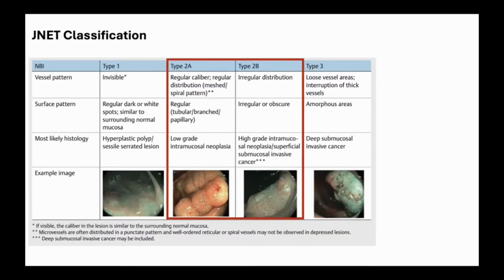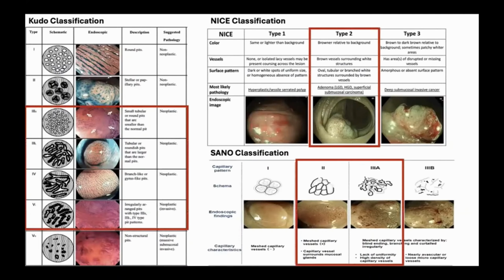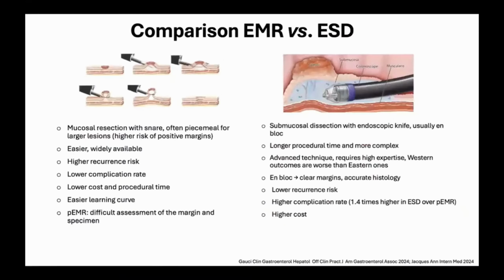And in this case, endoscopic resection is still indicated, while type 3 is for surgery because it's probably deep submucosal invasive cancer, and type 1 is hyperplastic polyp or sessile serrated lesion. Those are the other classifications, but essentially it's a very similar story.